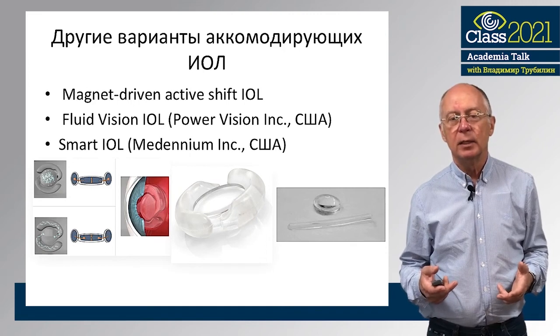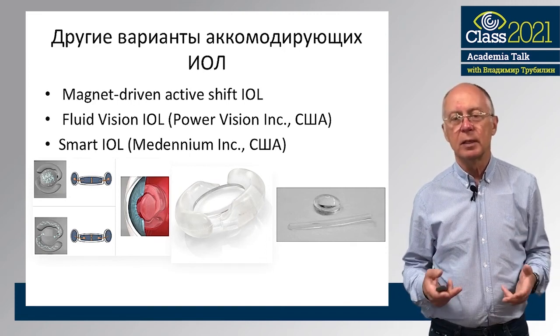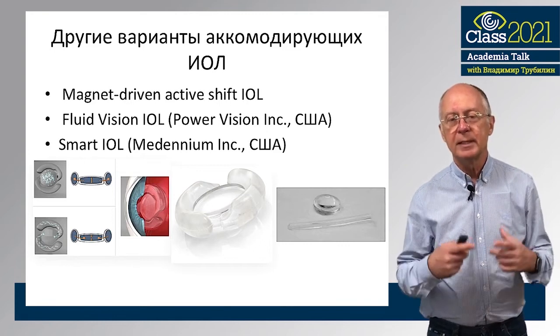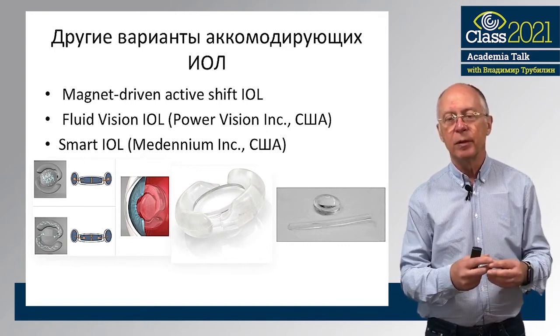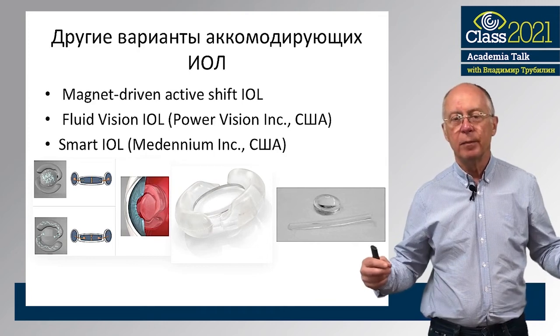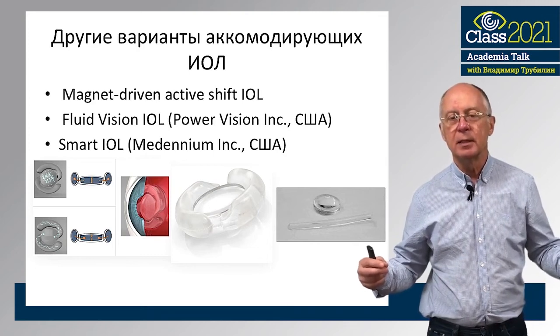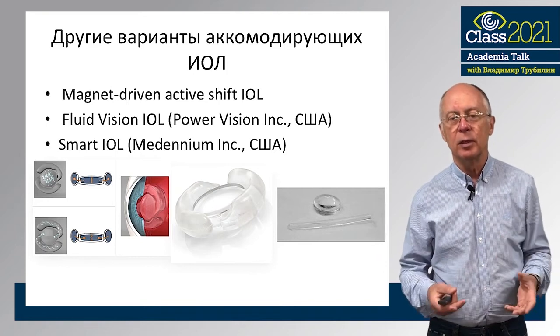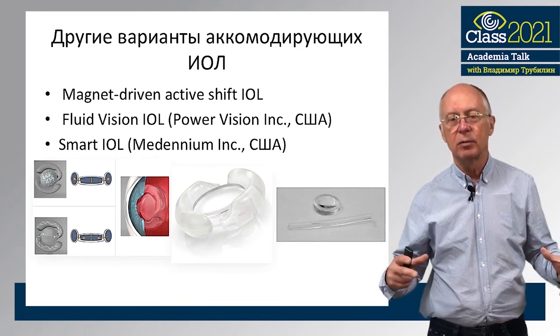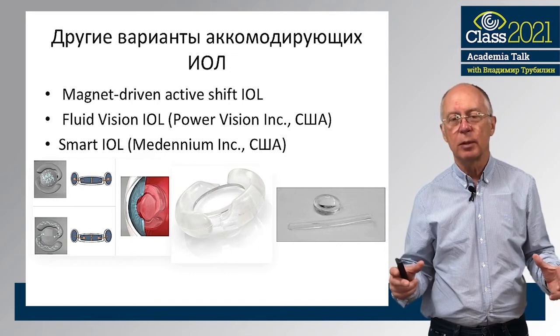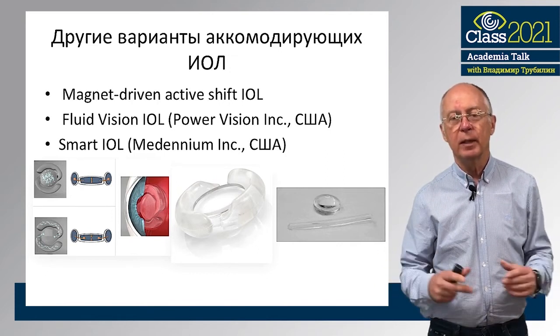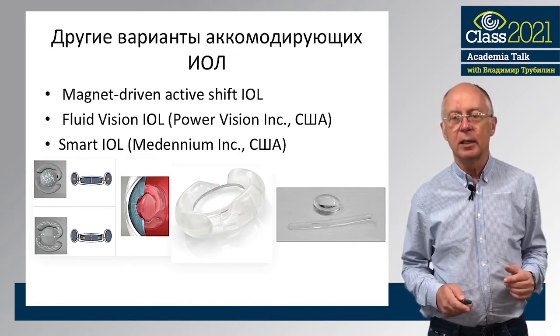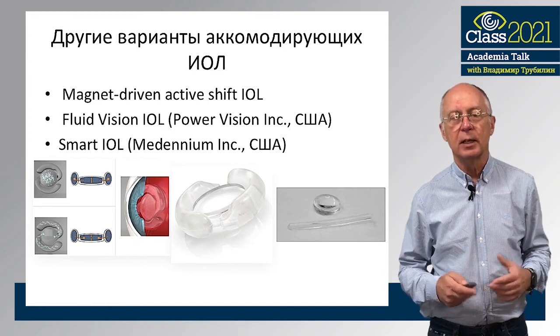The idea behind this lens is that the material has a memory, and if you make a lens, then stretch it into a cylinder form, after implantation the lens reverses back to its original form, fills in the capsular bag and starts to accommodate like our own lens. Unfortunately, these models have not reached practice yet and are still undergoing clinical trials.